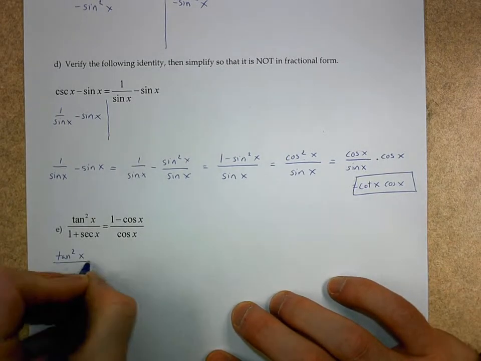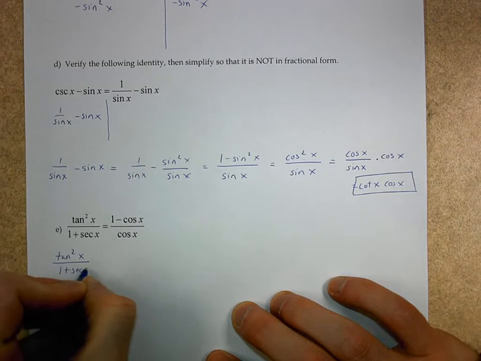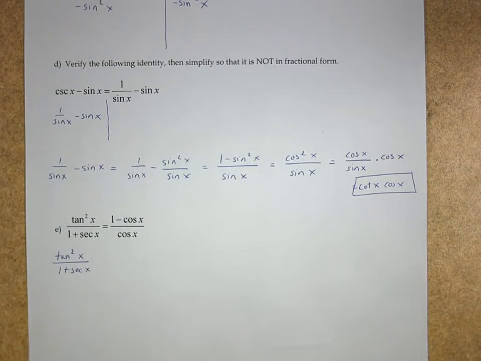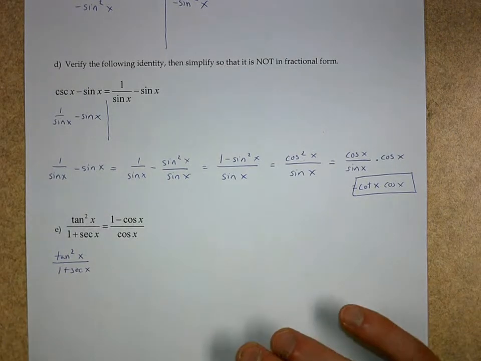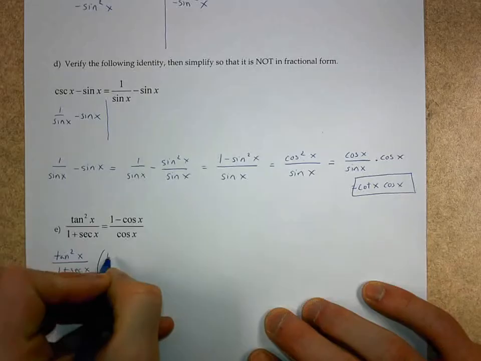So tangent squared of x over 1 plus the secant of x. Now here there's many routes we could take. We can convert to sine and cosines, but then I've got a fraction over a fraction. So let's start with making not a common denominator, but using the conjugate. 1 plus secant of x, let's start with 1 minus the secant of x.